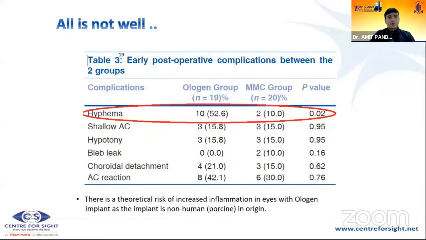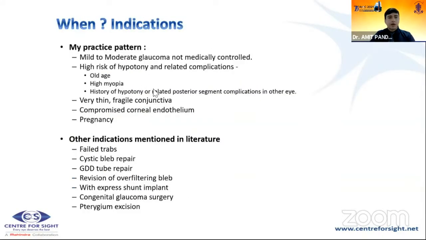Coming on to the indications, when to use Ologen, this is my practice pattern. I usually use it for moderate glaucomas which are not medically controlled and require trabeculectomies. In patients with high risk of hypotony, like in old age, in high myopia, and patients who have had a history of hypotony or related posterior segment complications in the other eye.